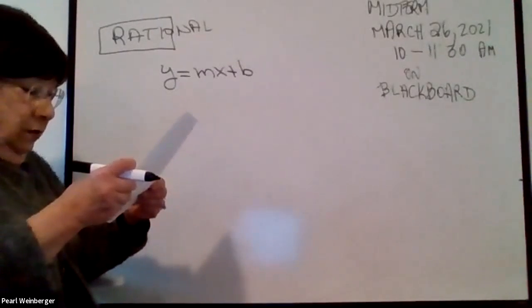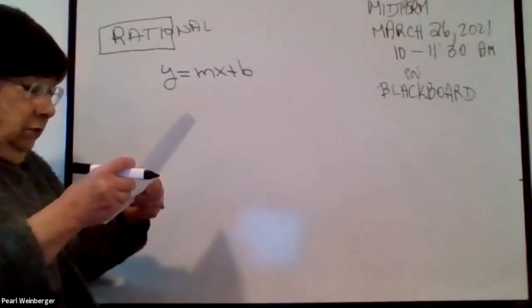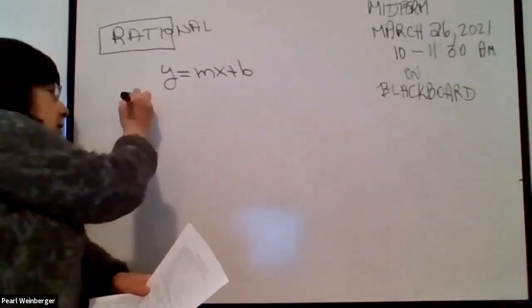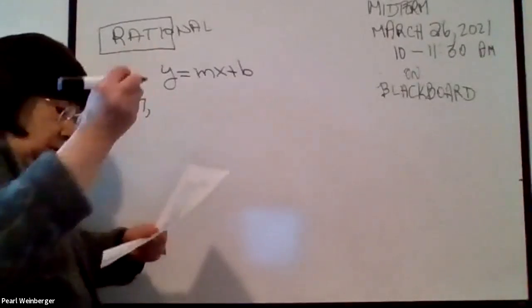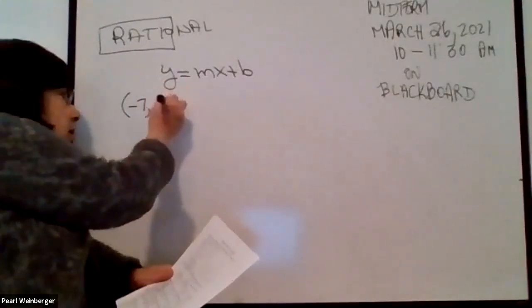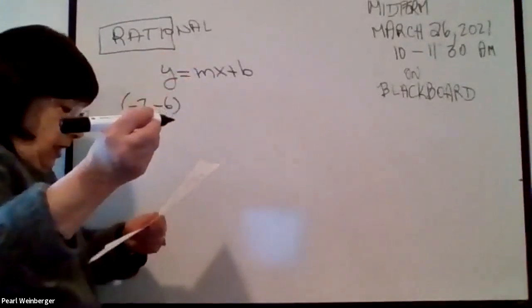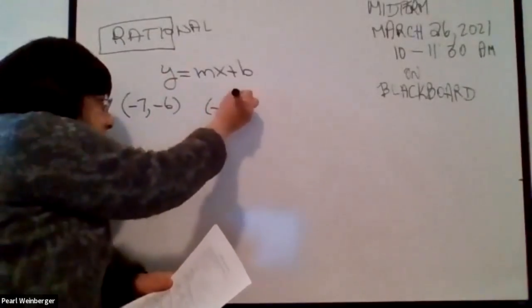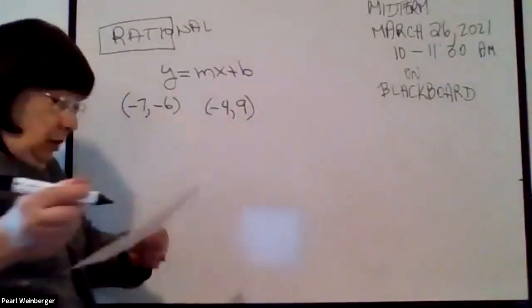Let's say I gave you these 2 points, (-7, -6) and (-4, 9).